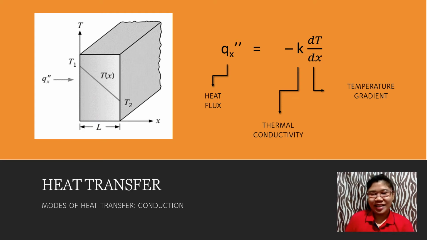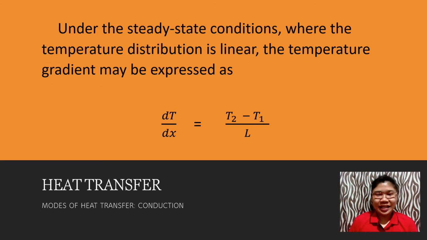I hope that's clear. More details about our temperature gradient are provided here. Under steady state conditions where the temperature distribution is linear, our dT over dx, our temperature gradient, may be expressed as change of temperature over length.